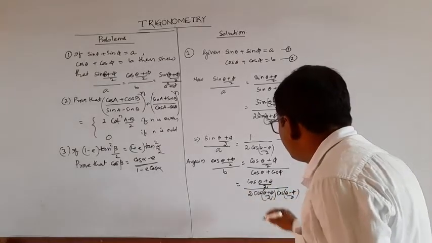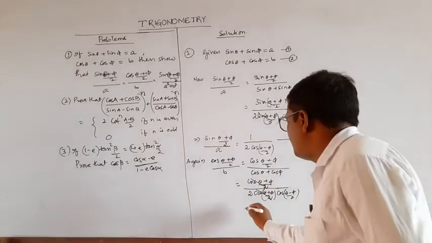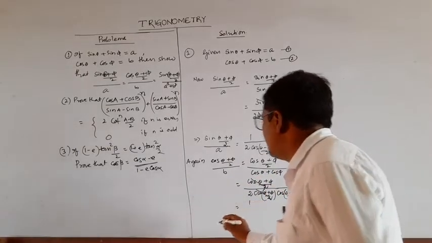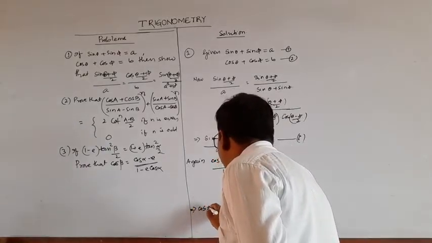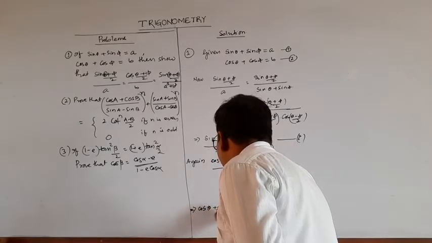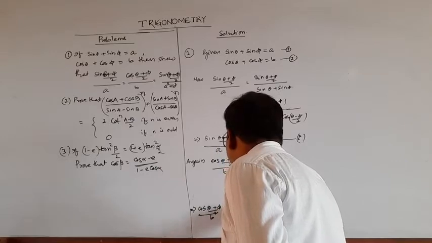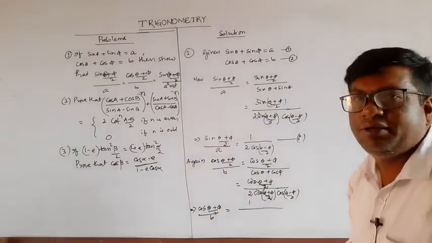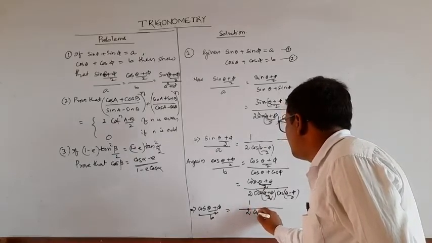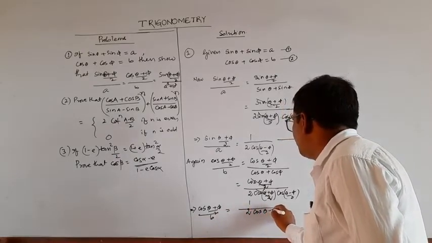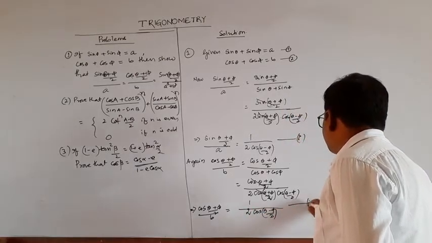So this term cancels, and cos((theta plus phi) by 2) divided by B is equal to 1 by 2 cos((theta minus phi) by 2). Suppose this is equation II.